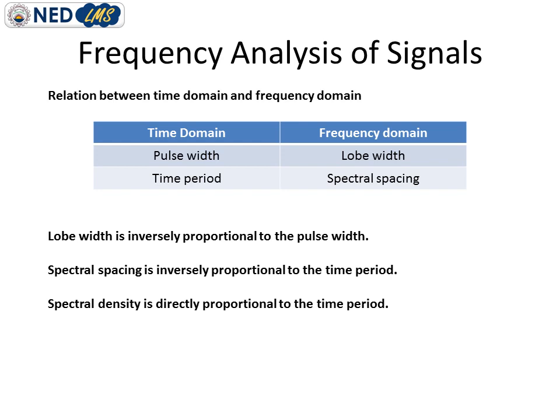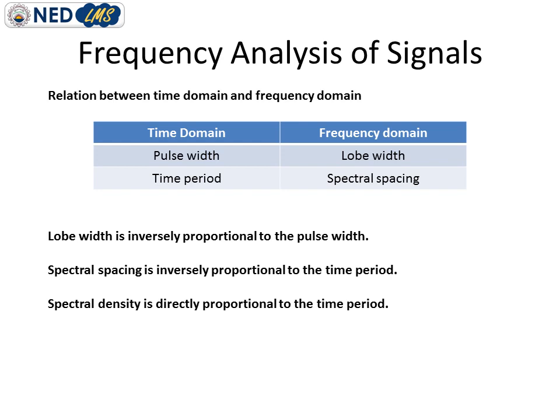Lobe width is related to the pulse width, and how? Lobe width is inversely proportional to the pulse width, which means if I increase the pulse width in the time domain, the lobe width in the frequency domain will decrease, and vice versa.